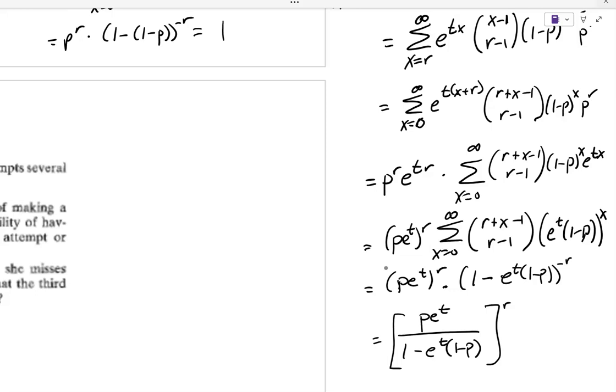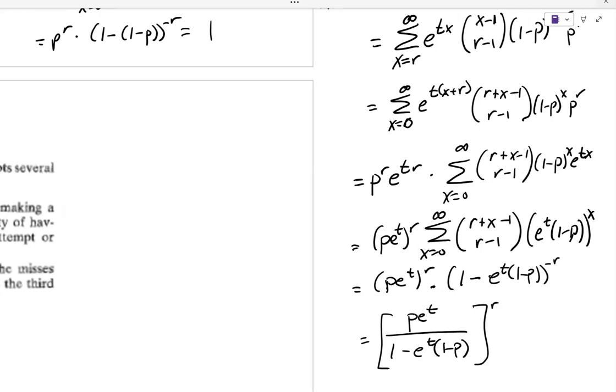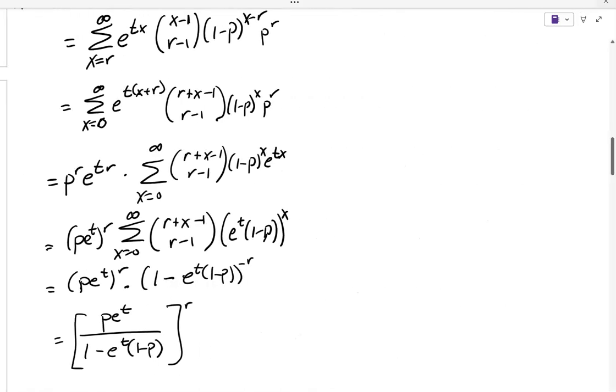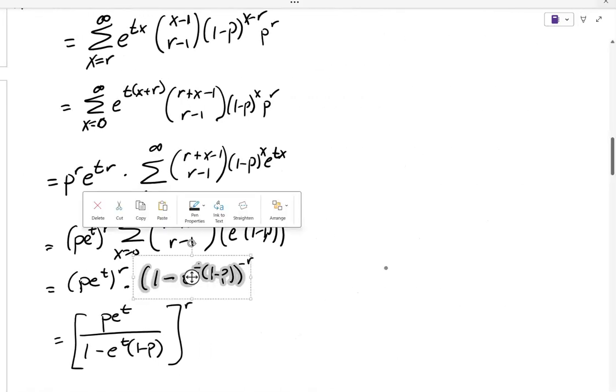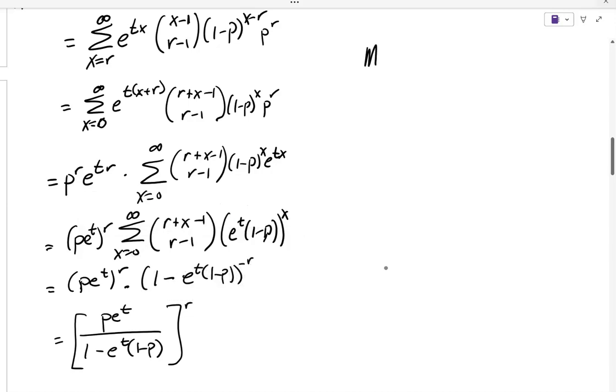What also isn't going to be a huge surprise is when we do the mean and the variance here in a second. Okay, so let's do mean and variance. We have moment generating function, 1 minus e to the t times 1 minus p, all raised to the r.